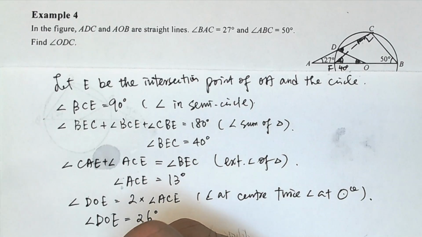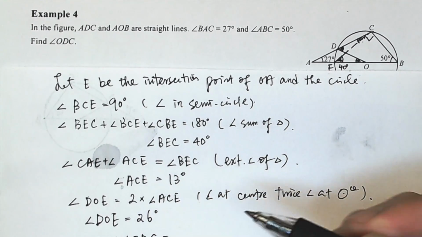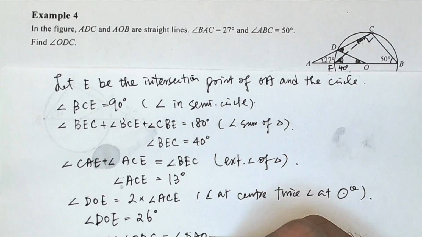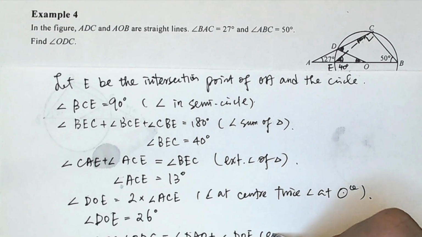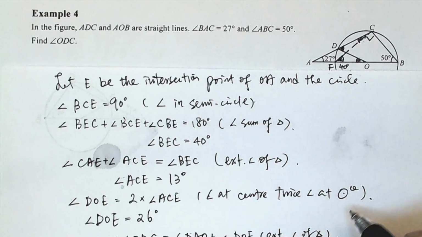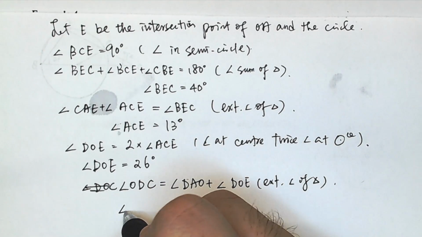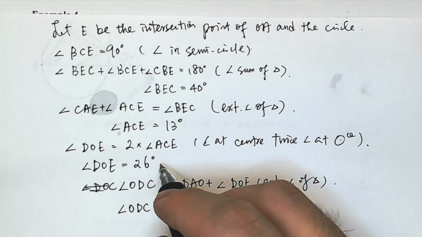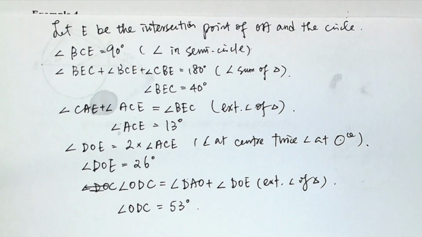So angle ODC is the sum of angle DAO plus angle DOE, exterior angle of triangle. And at last, you know that angle ODC is 27 plus 26 degrees, that is 53 degrees. Okay, so this is example 4.